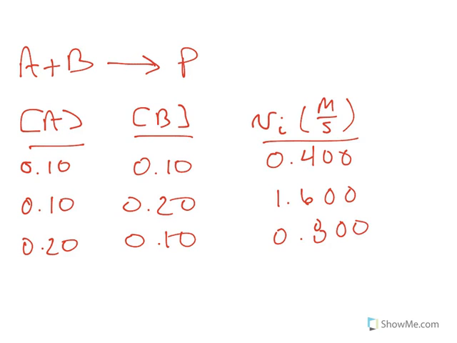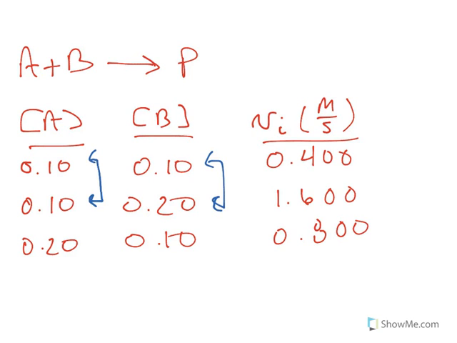All right. So this is where you have to be a good little scientist and recognize if you're going to change one thing and see its effect, the other thing you better leave alone. All right? So what I mean by that, I had to be smart when I was changing my concentrations. For A, I went from here to here, and that concentration remained constant. All right? That's because I wanted to see what the effect of the rate of reaction was by varying B. Okay?